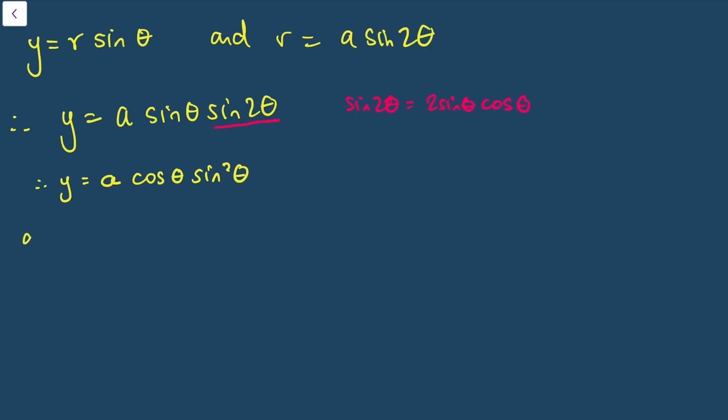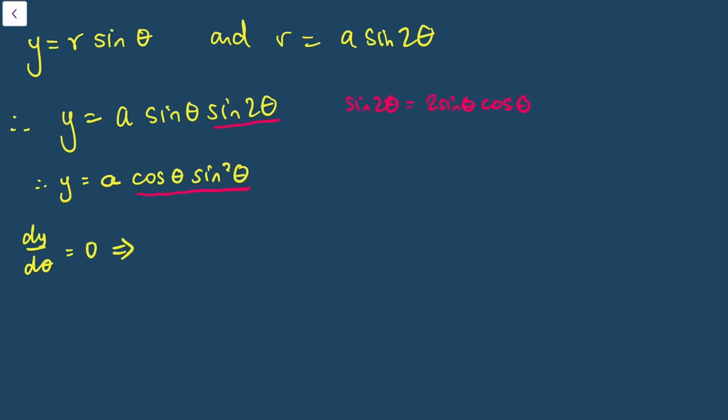Right. I now want to find where dy by d theta is equal to 0. And I'm going to have to use the product rule, cos theta times sine squared theta. So this is going to become, well, I'm going to differentiate the second function first.